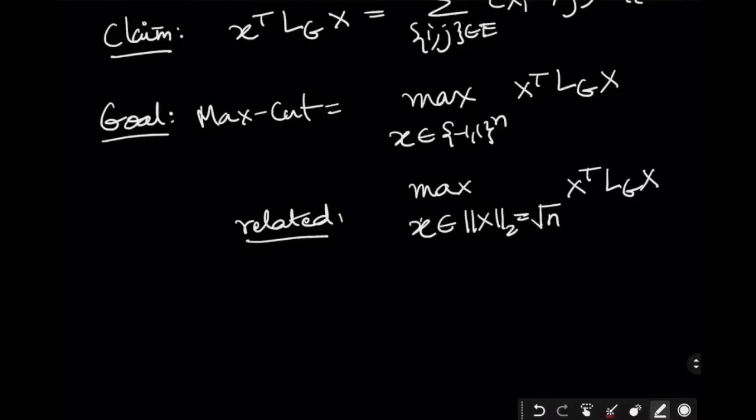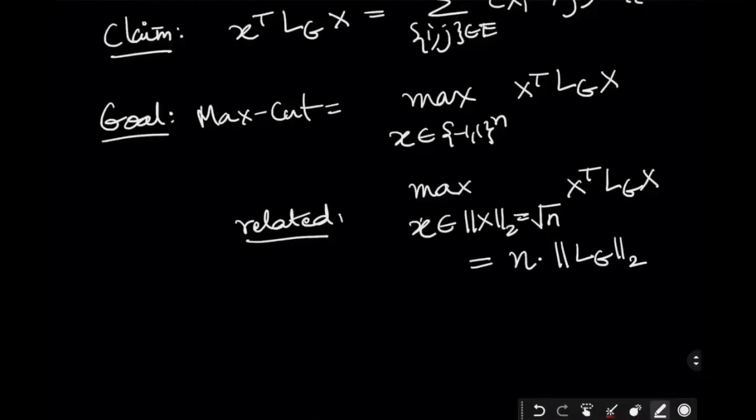Okay. Can someone tell me what this maximization problem is, or what its value is? This is a very nice quantity of L_G. Okay, there is an answer in the chat, and hopefully everybody agrees that this equals n, actually not square root of n, times the spectral norm of the matrix L_G.